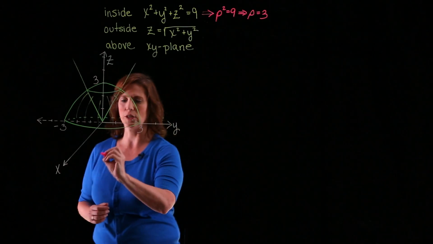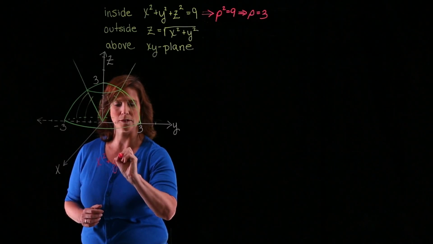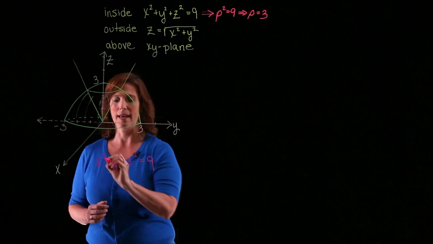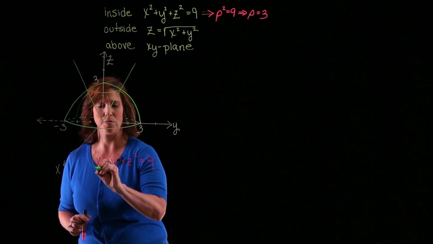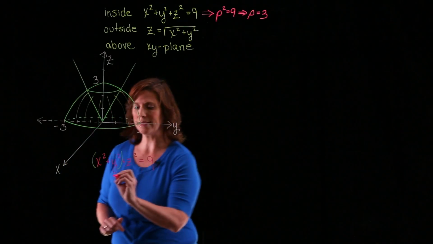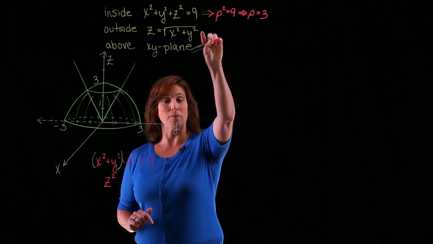So let's take a look at that sphere. I'm going to write it as x squared plus y squared plus z squared equals 9. If I group the x squared plus y squared, I can replace that with a z squared from my cone.